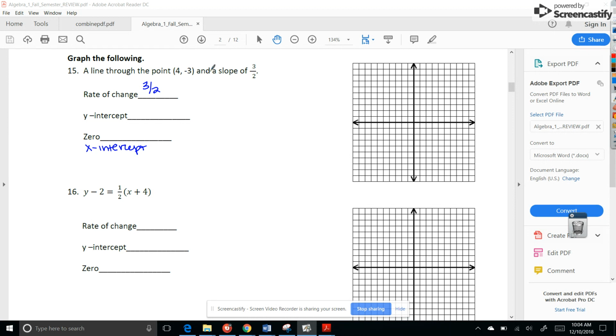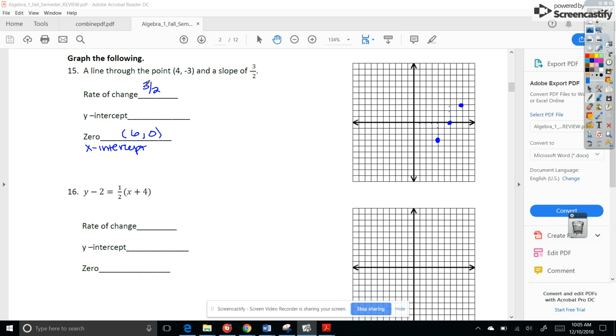Okay, so I'm starting at (4, -3). 1, 2, 3, 4, -3. My slope is 3/2. Up 3, right 2, up 3, right 2. I think I just found my x-intercept. Okay, I'm going to keep going, but I'm going to go backwards.